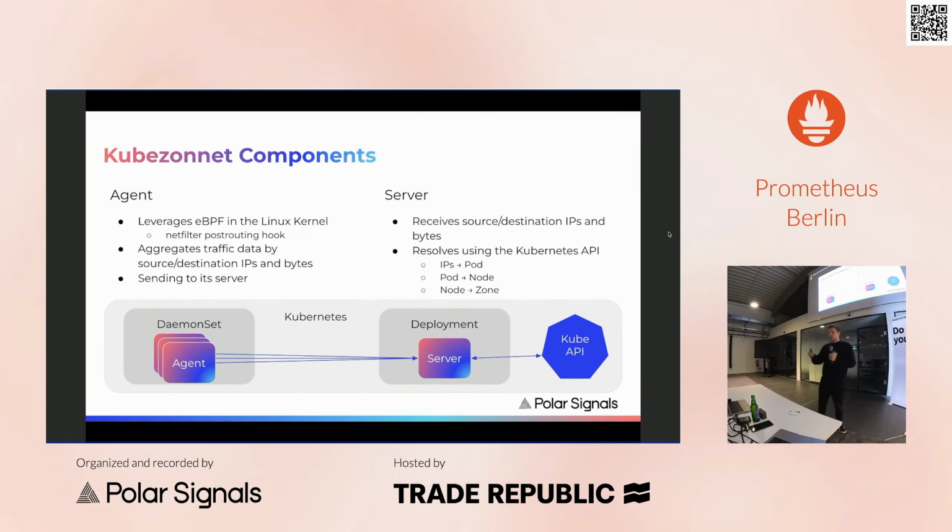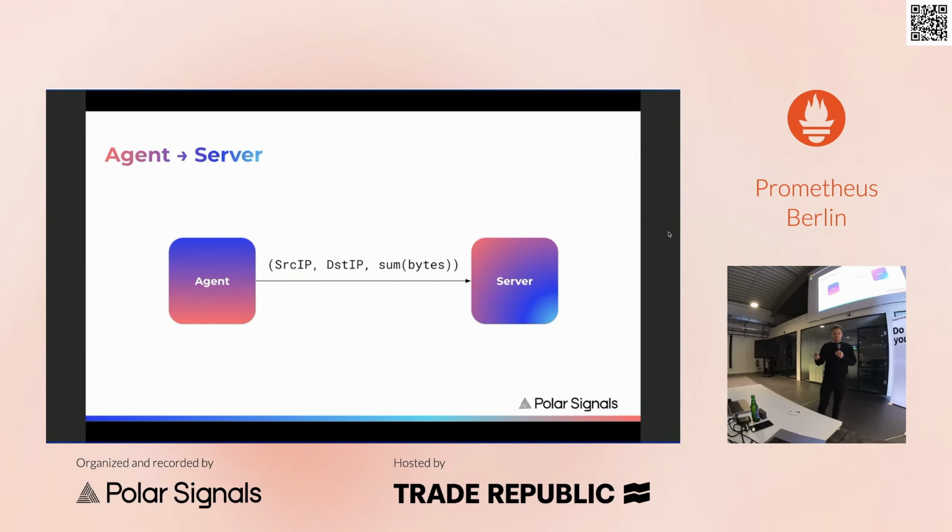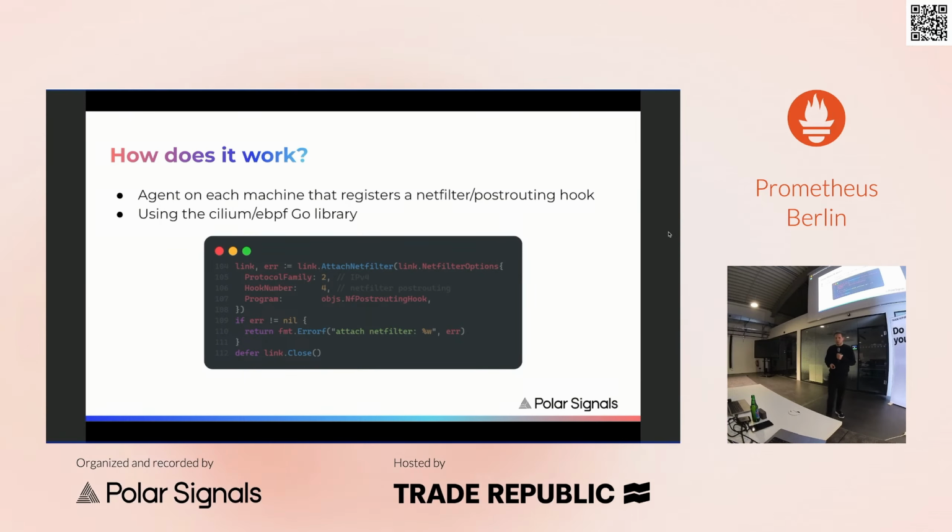This is how we go from the IPs to the zones. In more detail, we have tuples of source IP, destination IP, and the amount of bytes sent from that source IP to that destination IP, aggregated over time.